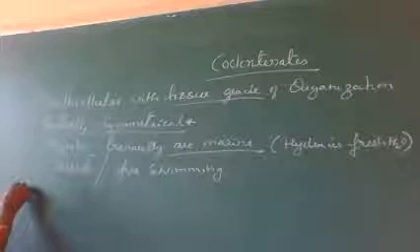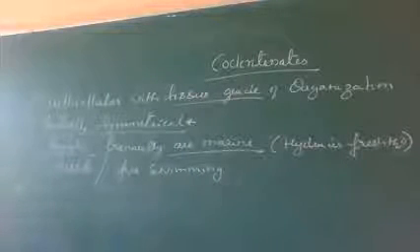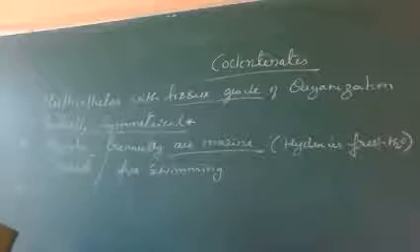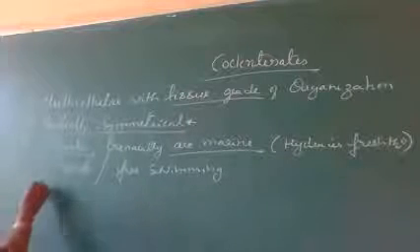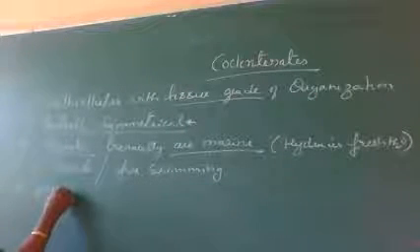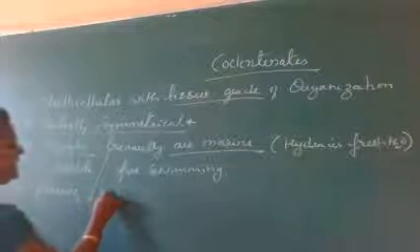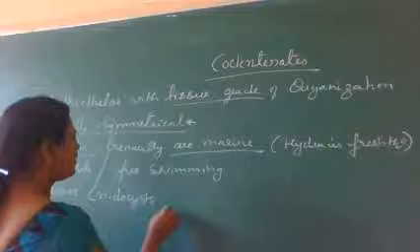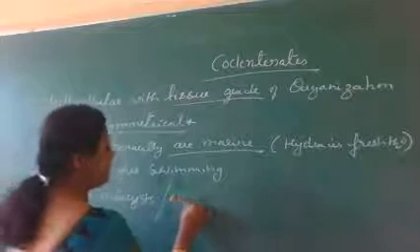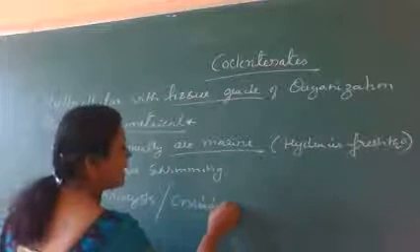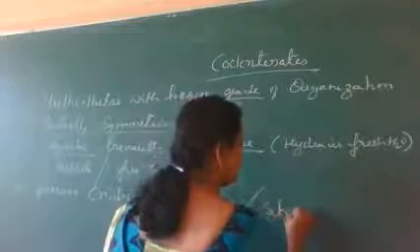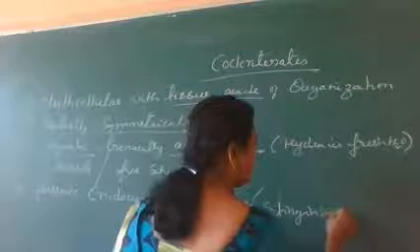And the next important feature is that these coelenterates are provided with specialized cells called cnidocytes or cnidoblasts, which have stinging capsules.